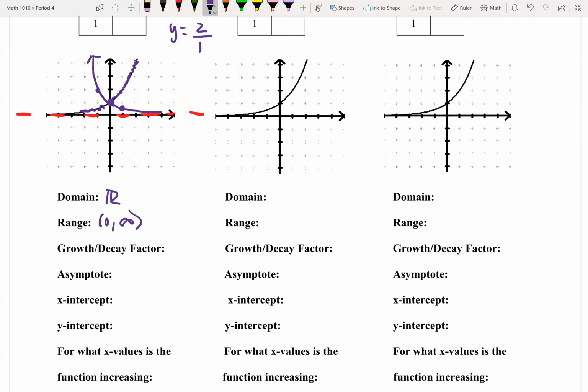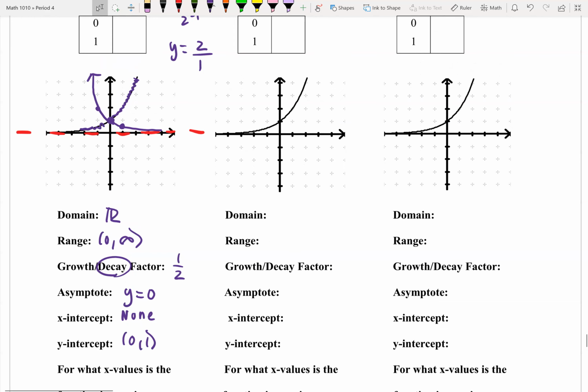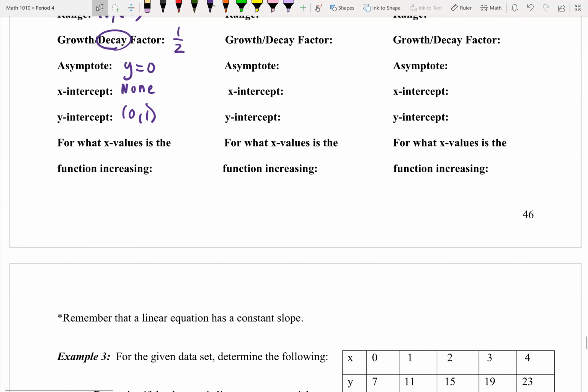For what x values is the function increasing? Now, everybody listen to this. Increasing, decreasing, constant. You start at the left. So I'm on the left of that graph, and I travel to the right. Watch my hands. I'm traveling along the graph. What's my graph doing the entire time? Decreasing. It's going down, right? So where is it increasing?